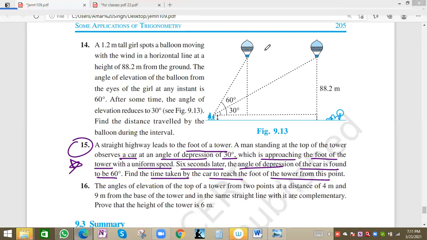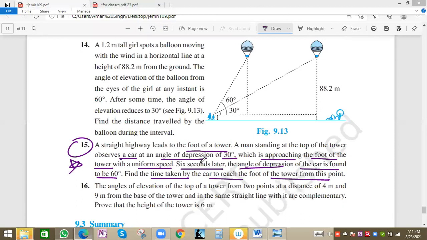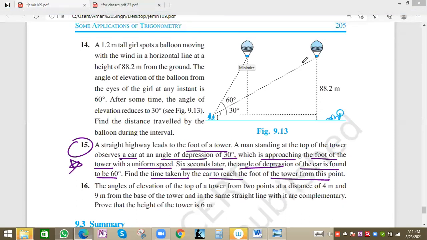Anyone got the answer? 3 seconds. Okay, Navneet. 3 seconds, Rishta also. Fine. So, no problem. We'll see now how we can solve.